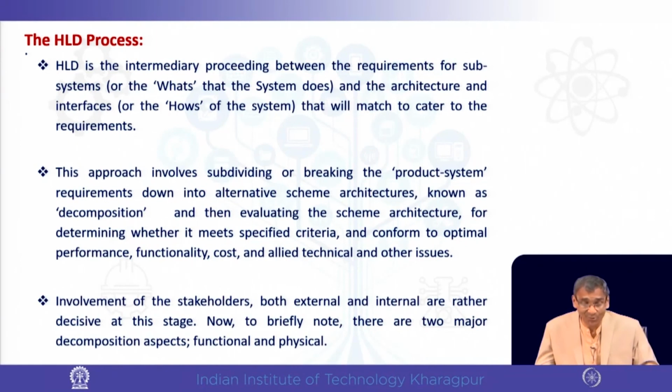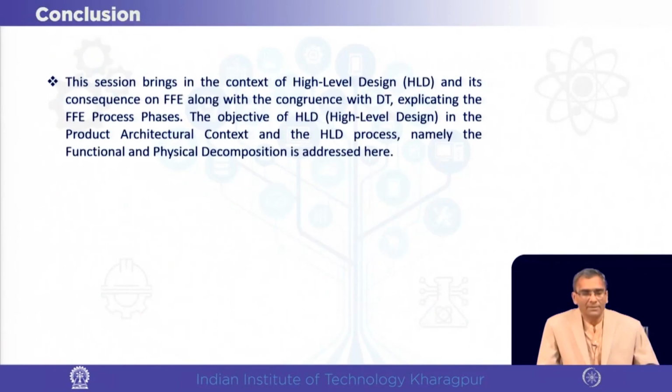Involvement of the stakeholders, both external and internal, is rather decisive at this stage. Now, to briefly note, there are two major decomposition aspects, functional and physical. We would take up these two aspects in our next lecture.